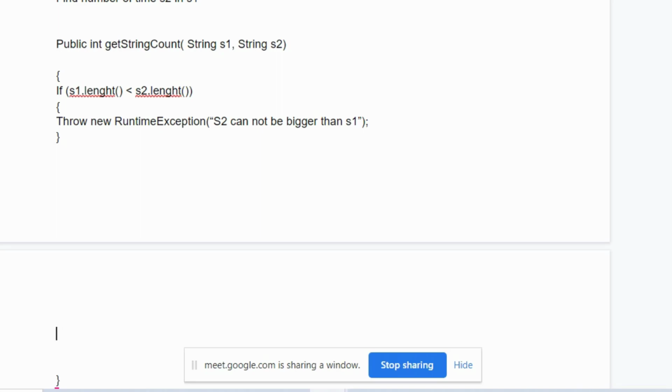So no need to handle exceptions and something like that, just the core logic.